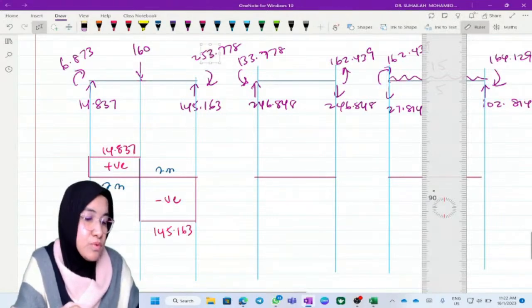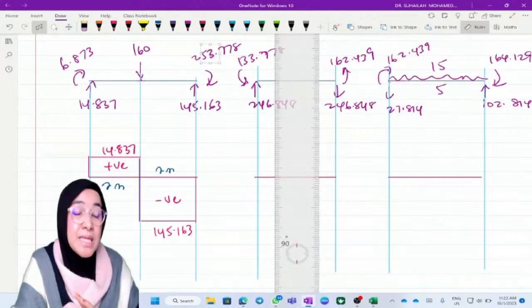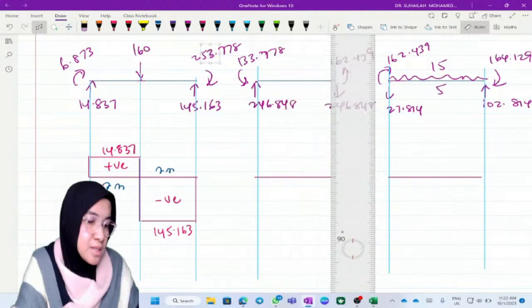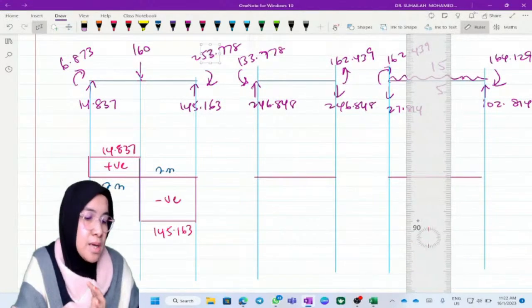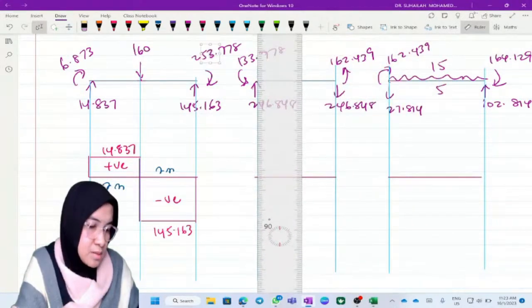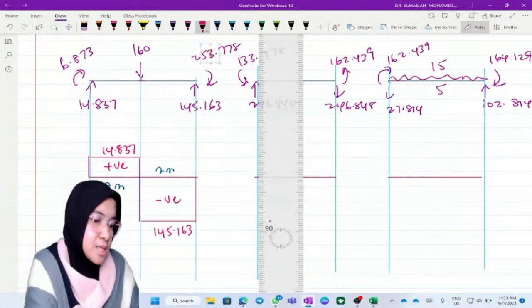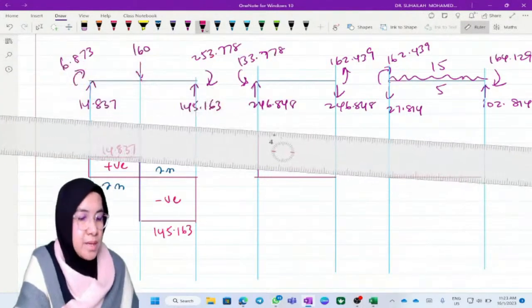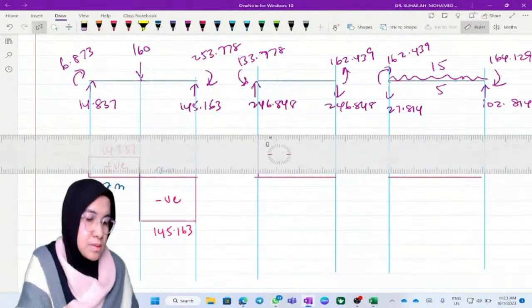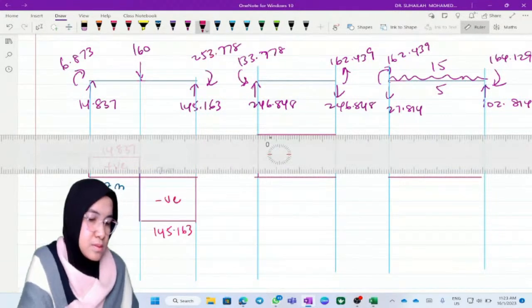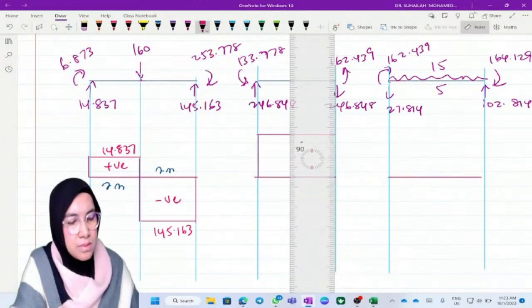Okay, now we move to BC first. So we have 0 and positive 246, so we have to draw going up like this, straight, down.